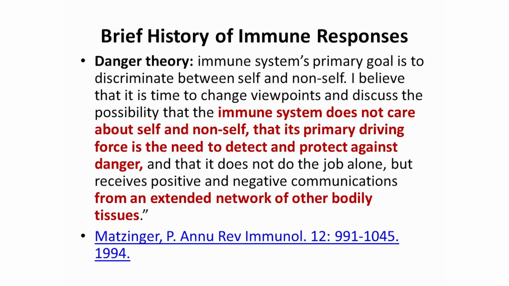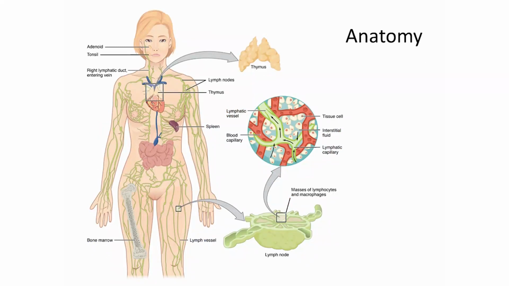So in her words, the immune system does not care about self and non-self, its primary driving force is the need to detect and protect against danger. And this immune mechanism receives communication from an extended network of other bodily tissues. So these are her very important remarks. These are the basic, very brief immunity.